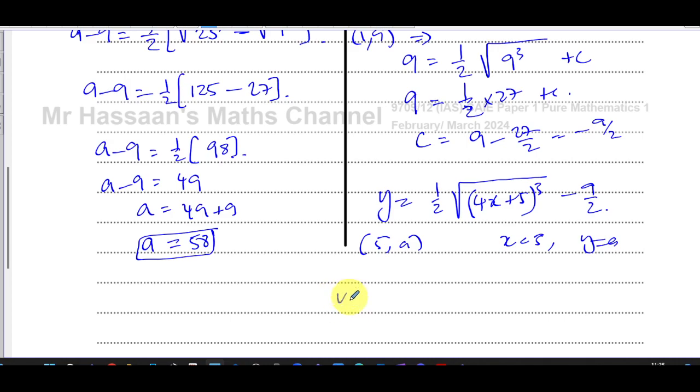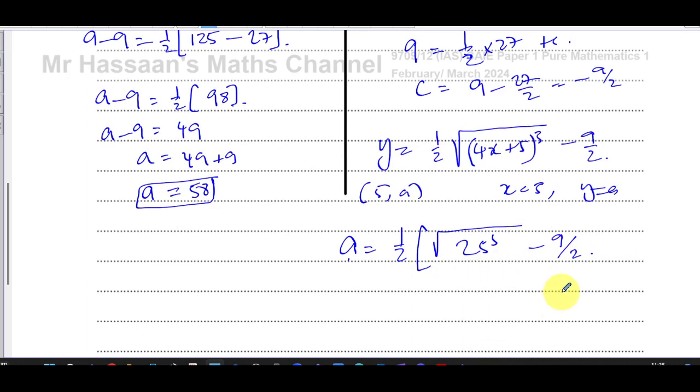So we can say a equals, replace the y with a, a half times the square root of 4 times 5, which is 20, plus 5, which is 25, cubed, minus 9 over 2. Okay, so you end up with a equals a half times 125 minus 9 over 2.